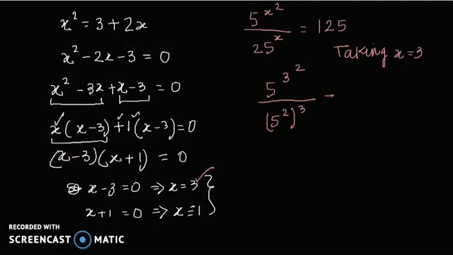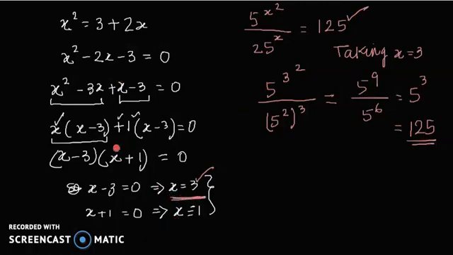So this can be further equated to 5 raised to power 3 square is 9, and this is 5 raised to power 6, which gives us 5 raised to power 3, which is equal to 125. Therefore our answer is correct. So x equal to 3 is the right answer for this question.